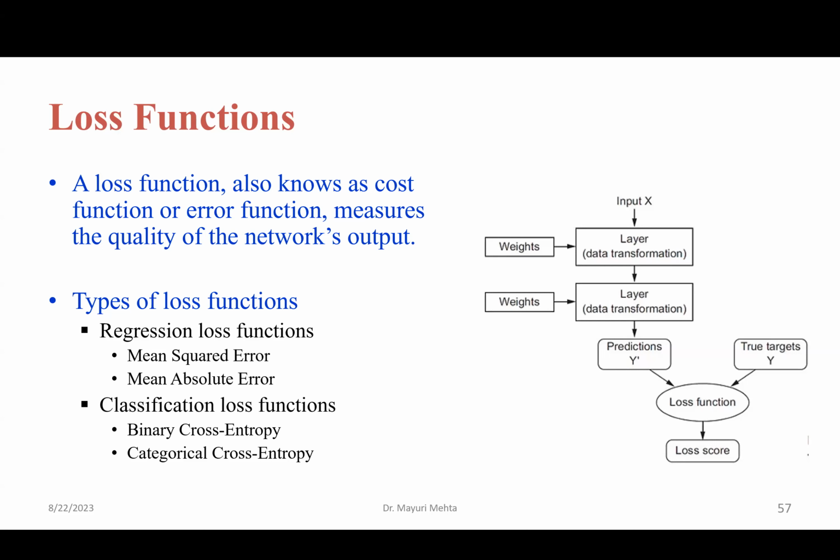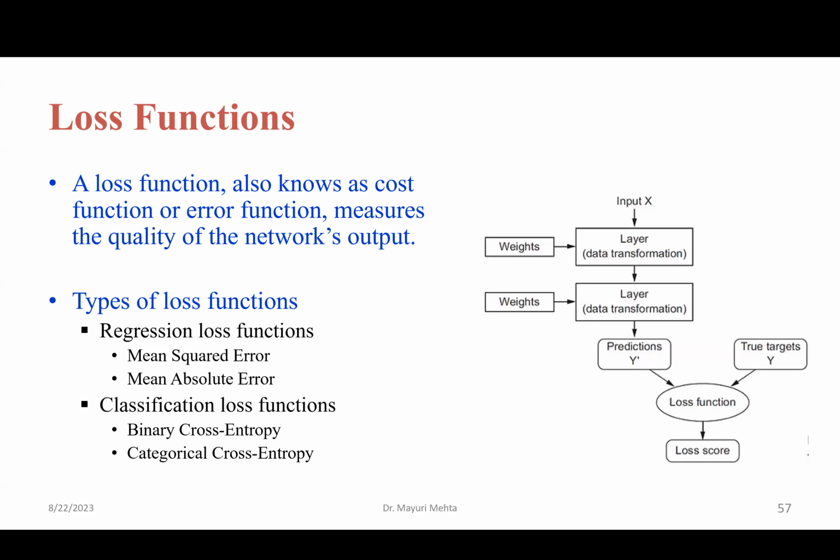Now let's see how we can use this loss function. In mathematical optimization and decision theory, the loss function, which is also called cost function or error function, is a function that maps an event or values of one or more variables onto a real number, representing the cost associated with the event.